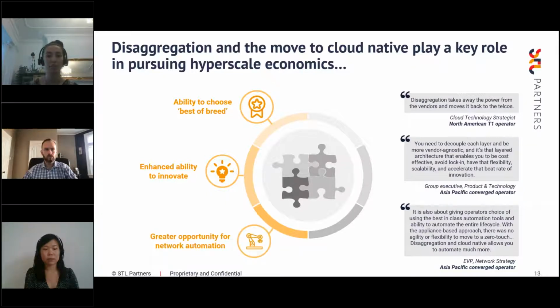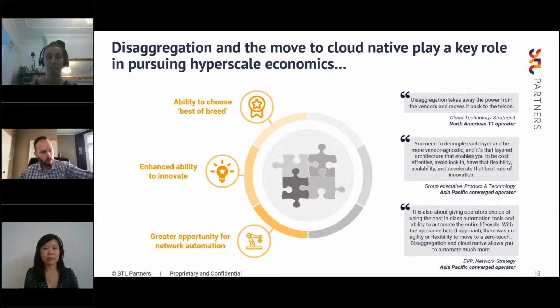And then finally, disaggregation also provides a greater opportunity for network automation. And we all know operators have struggled a fair bit in the past with automation due to data silos and proprietary network management tools and systems from very vertically integrated stacks.